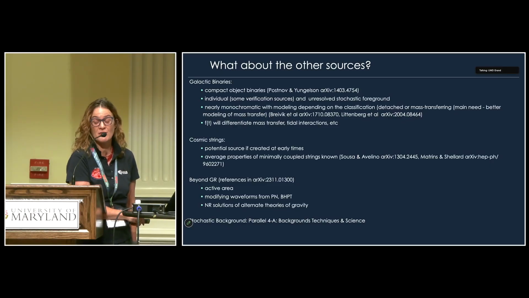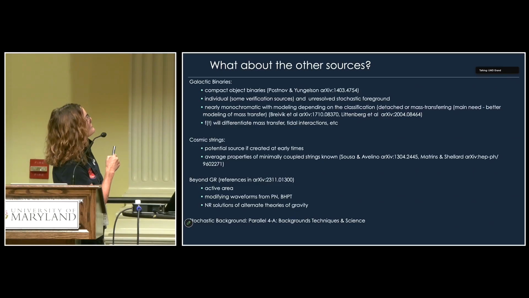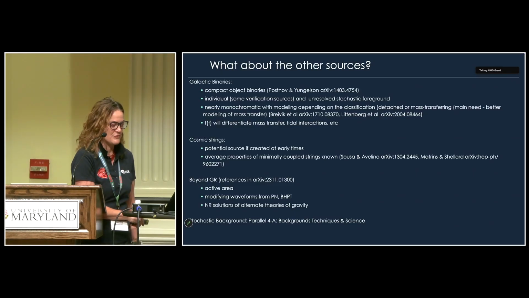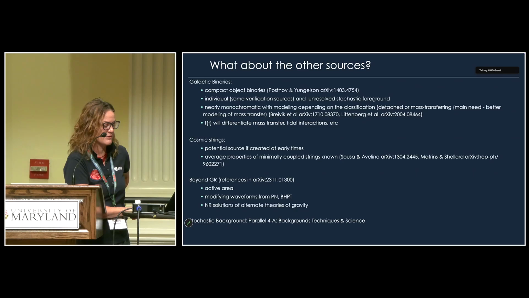However, in the way they are not monochromatic is where the interesting physics lies. How that frequency changes with time differentiates things like mass transfer and tidal deformation interactions. So that's really where some of the really interesting physics will come out, I think, for these galactic binaries. But they're hard to model in getting all the astrophysics right, but their actual waveform morphology is not that bad.